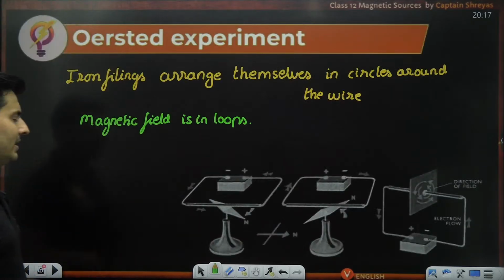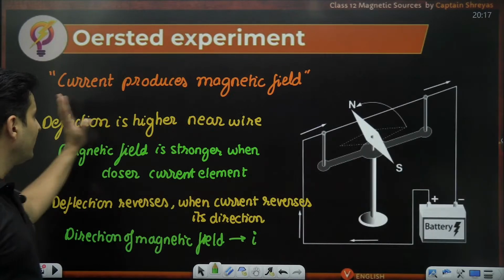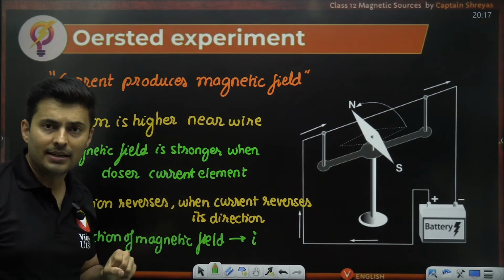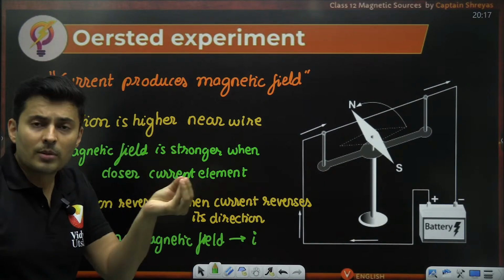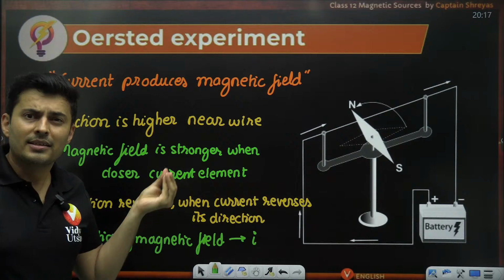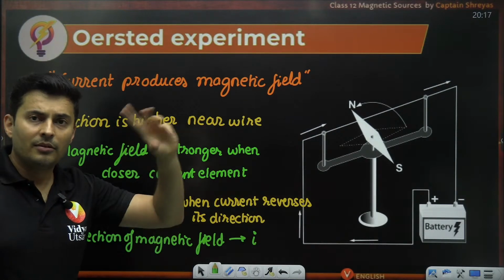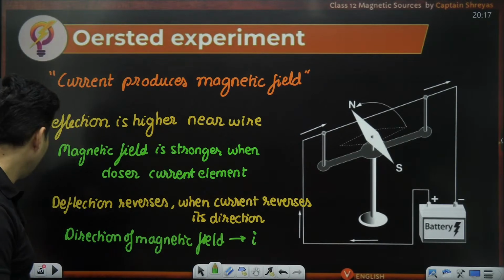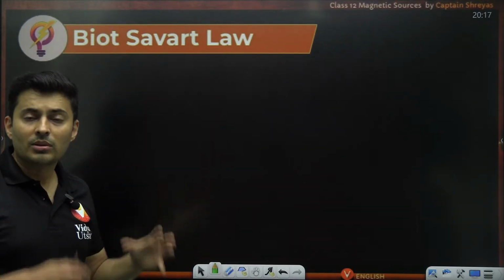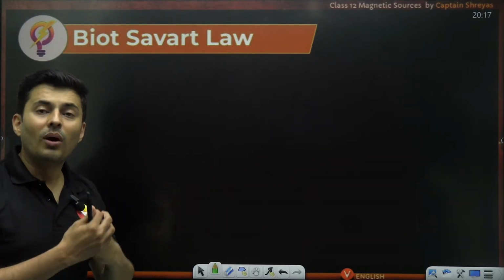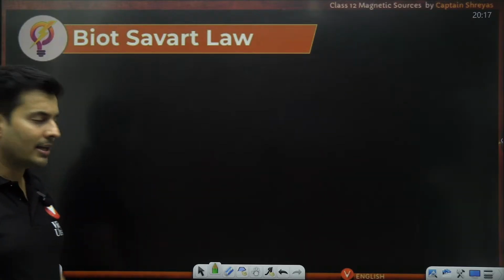Now, although Oersted's experiment proved that current can produce a magnetic field, what is its nature? What is the formula? What is the value? Is there a specific formula by which I can get the magnetic field? That was obtained by Biot-Savart's law. They formulated the field due to a current carrying wire.